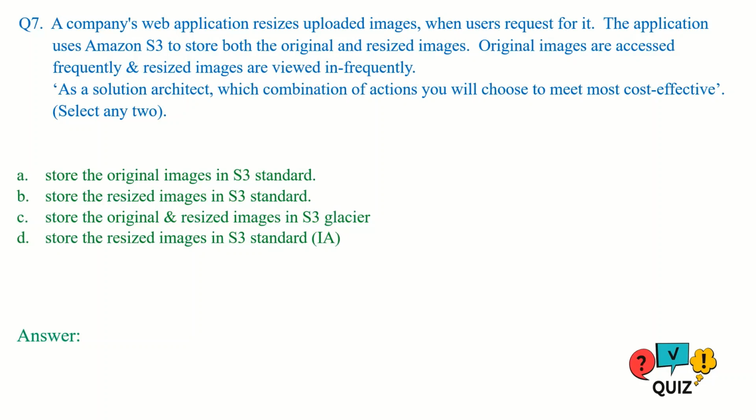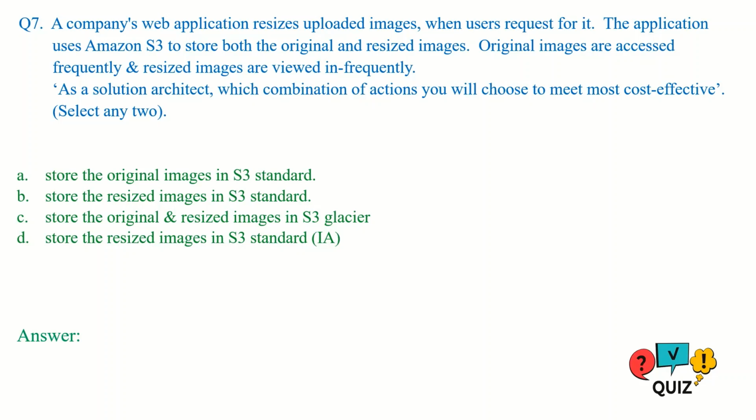Original images are accessed frequently and the resized images are viewed infrequently. As a solutions architect, which combination of actions will you choose to be the most cost effective? You need to pick two answers here.